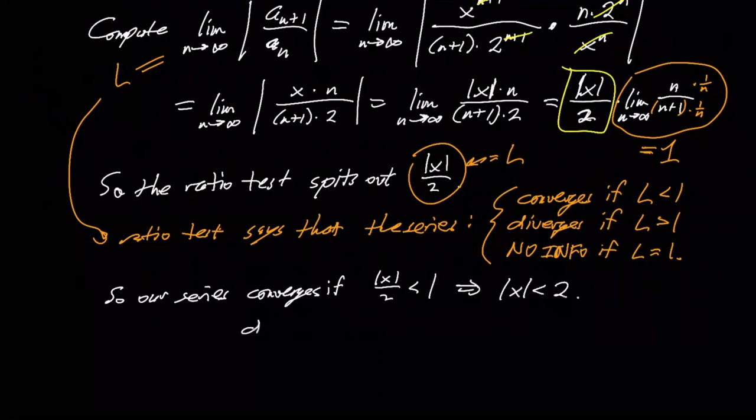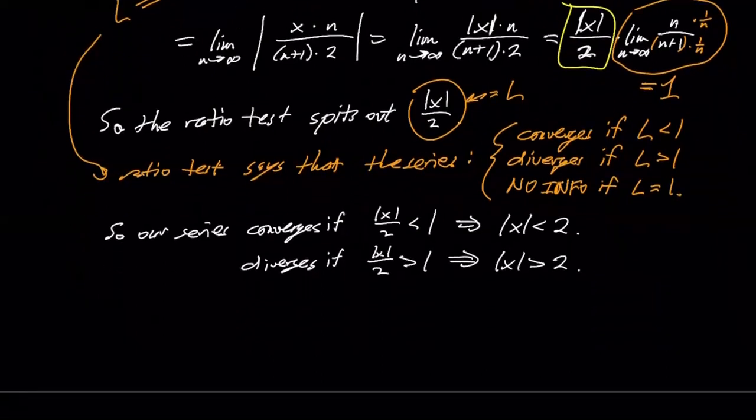It diverges if the absolute value of x over 2 is greater than 1. It's the same thing as absolute value of x is greater than 2. And we get no info, we don't know, if the ratio test is not predictive, if this equals 1. So that means if the absolute value of x equals 2, or really if x is plus or minus 2.